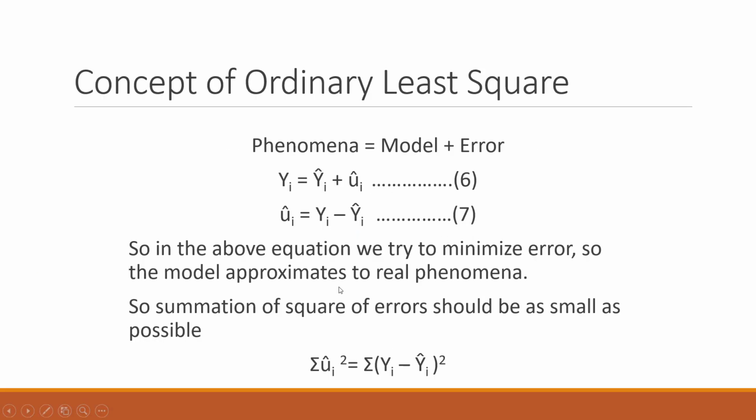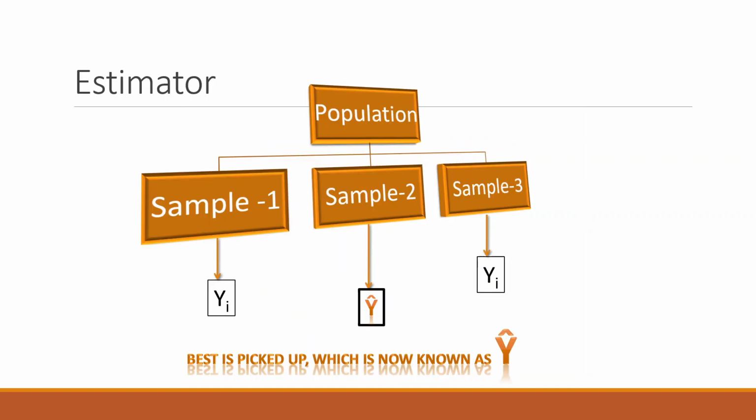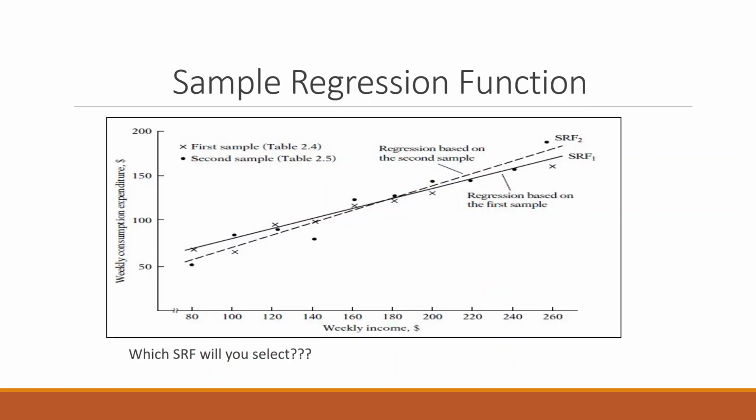Now the concept of ordinary least squares is that we want to fit a regression line in such a way that these errors, this is an error, we take the square of these errors and take the summation of them. We pick the line which has the least summation of errors. For example, we have these two lines, 1 and 2.